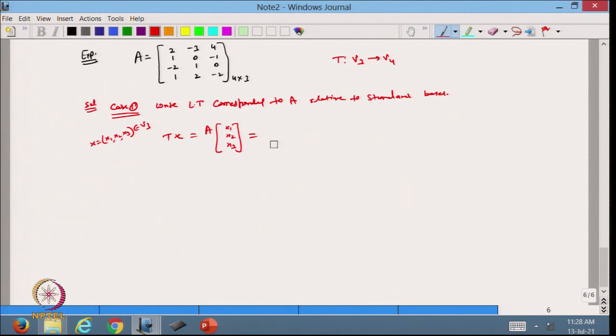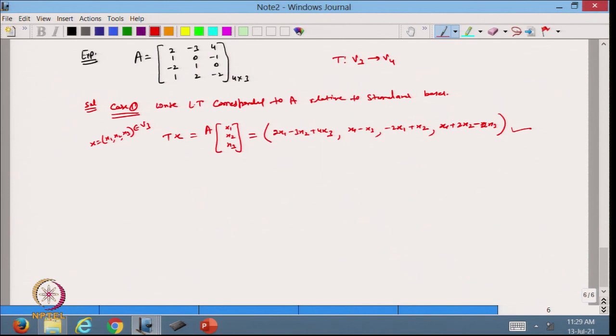I just multiply by x1, x2, x3, and you will find it will be 2x1 minus 3x2 plus 4x3, multiplying by the first row. This is the first component. Then x1 minus x3, then minus 2x1 plus x2, and then x1 plus 2x2 minus 2x3. So, that is my linear transformation corresponding to the standard basis.